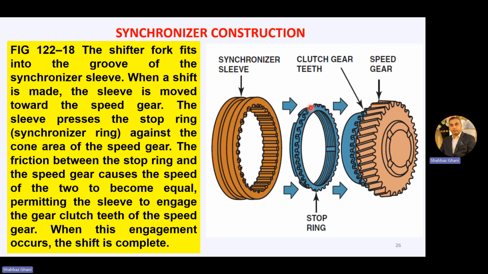The sleeve presses the stop ring, the synchronizer ring, against the cone area of the speed gear. This sleeve has internal teeth, so the internal teeth move this stop ring and engage with the clutch gear teeth here.